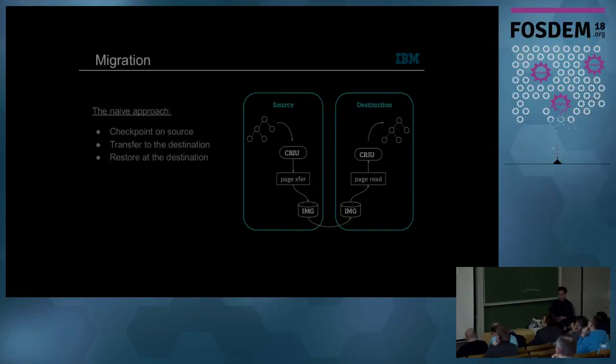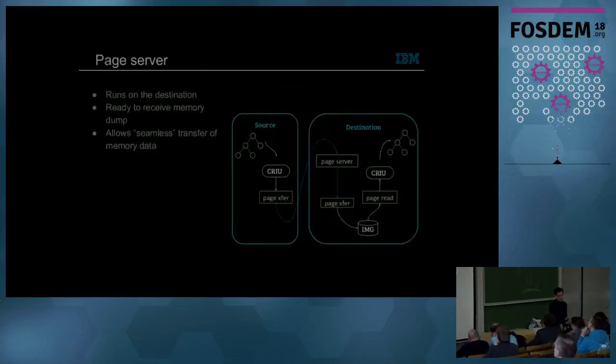So to implement micro-migration with CRIU, you just need to checkpoint on the source, transfer everything from source to destination, and then restore at the destination. This approach has the longest downtime possible, because transferring the memory state for an application that, for instance, has 1 GB of memory is quite time consuming.